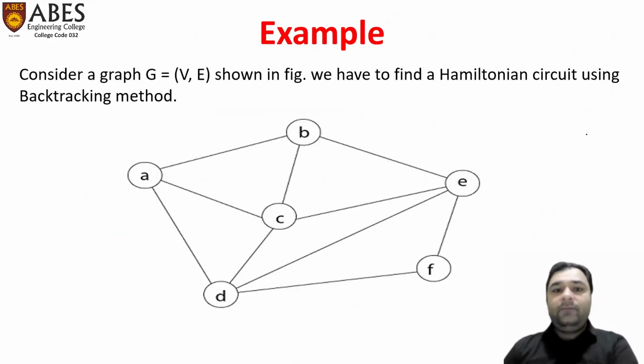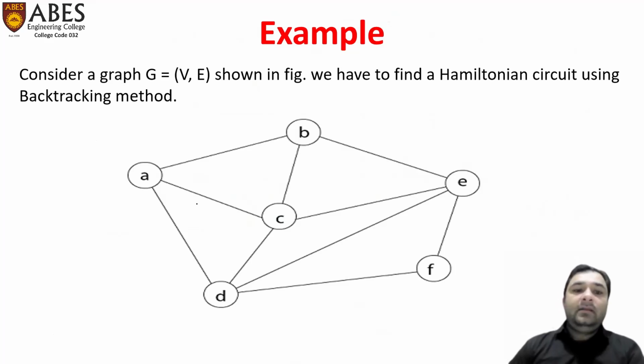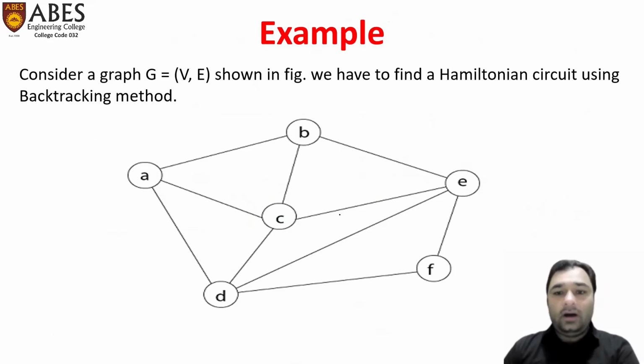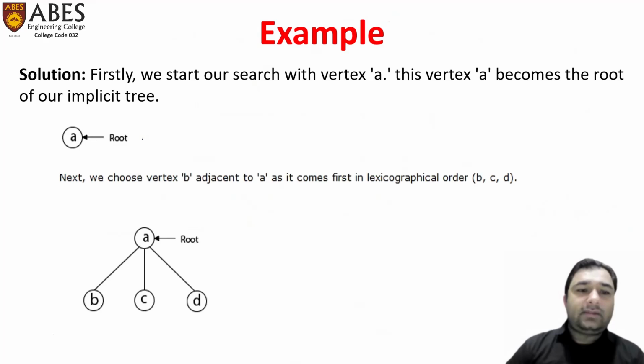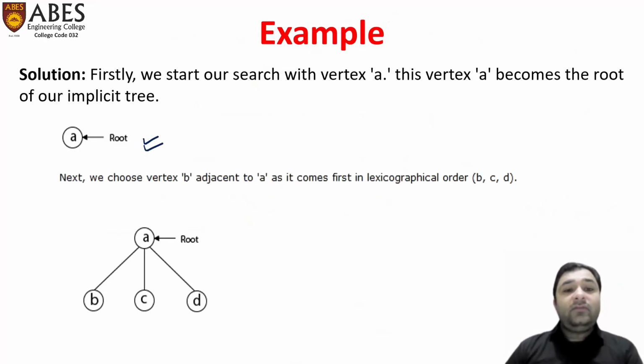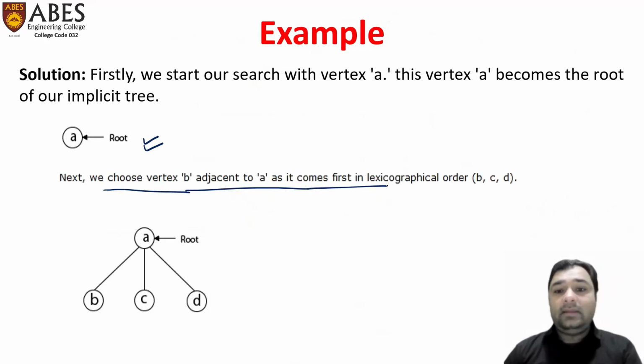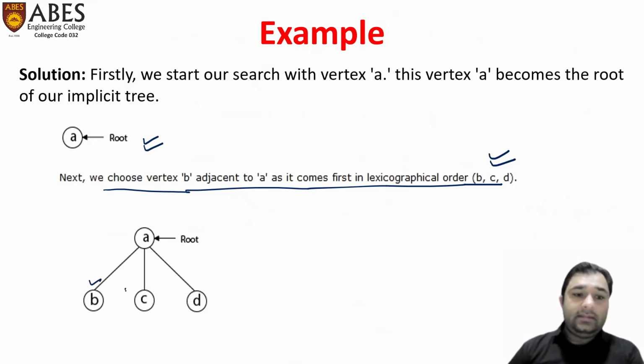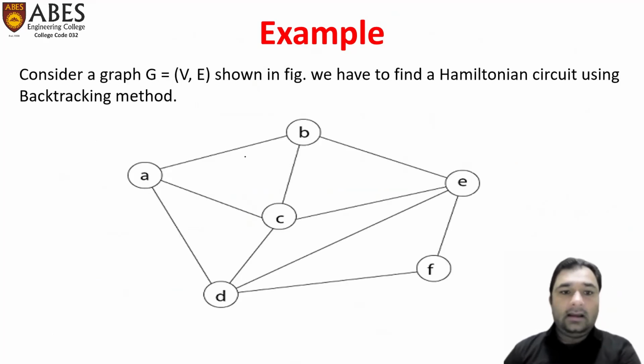Agreed? Now, if we talk about this example, here, this is a graph given to us. What we have done is we started initially with vertex A. Once we started with vertex A, we simply see what are the adjacent vertices to A, that are B, C, and D in the given graph.